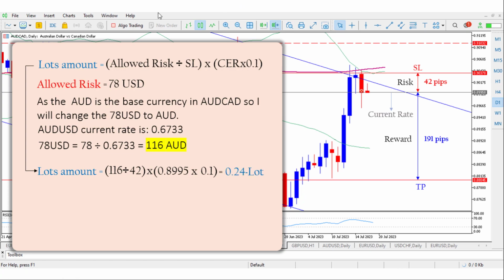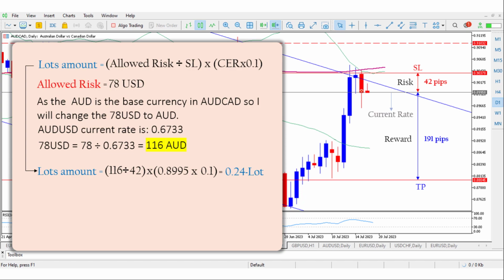But here is one thing that might confuse you. Previously, when we calculated our loss amount in the USD CHF as per total risk amount, it showed 0.65 lot. But here the total of 0.24 and the 0.2 that I already used in the USD CHF trade will become 0.44 lot, not 0.65 lot.